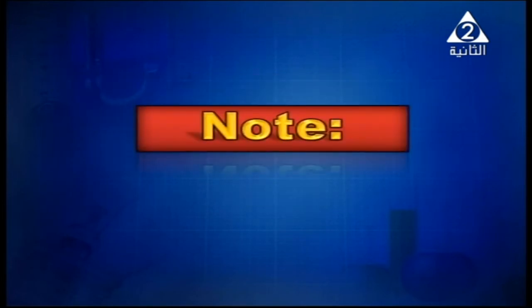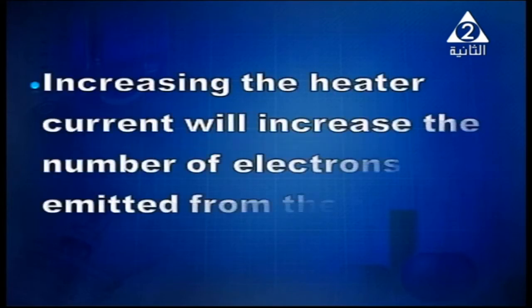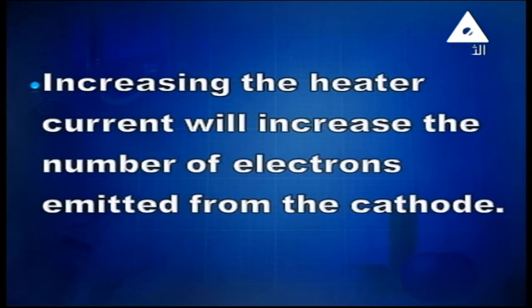Your attention, please. Increasing the heater current: when we increase the current that flows in the heater, it will increase the number of electrons emitted from the cathode. And what happens?